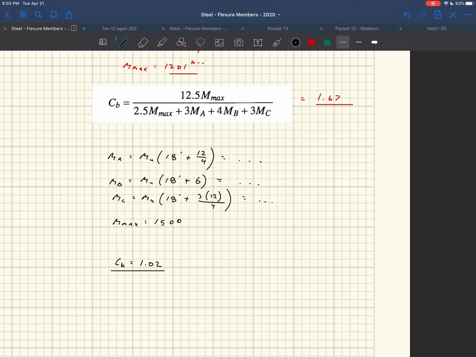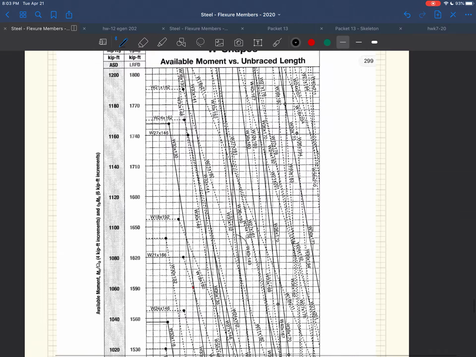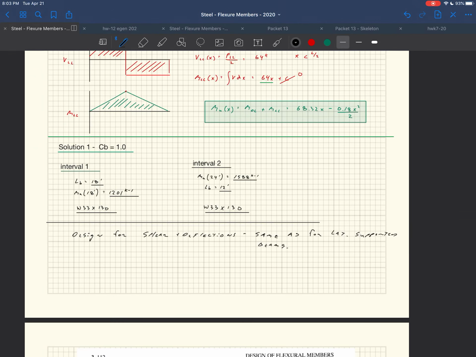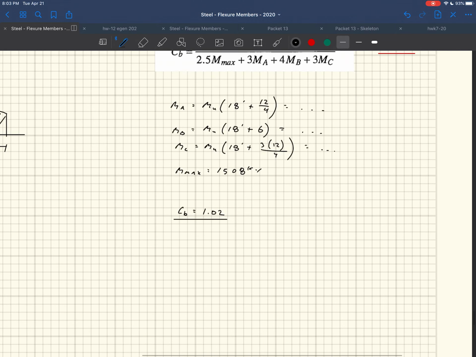M max is 1588, rather. We calculated that before. You might double check that you can get that number. I did that in my head, and I think that this is all right.